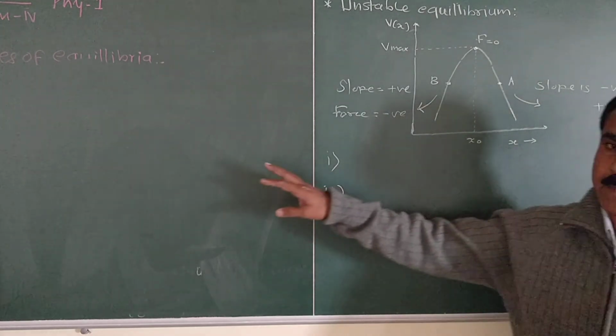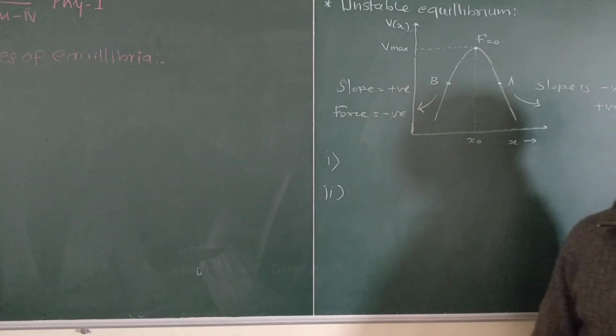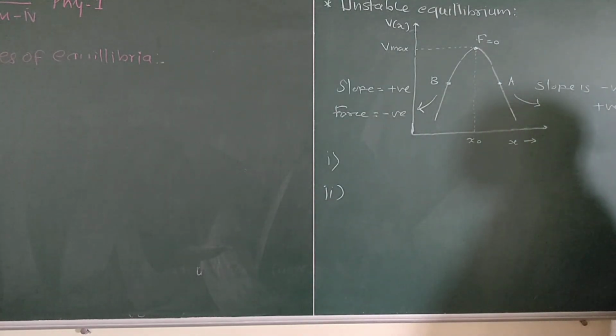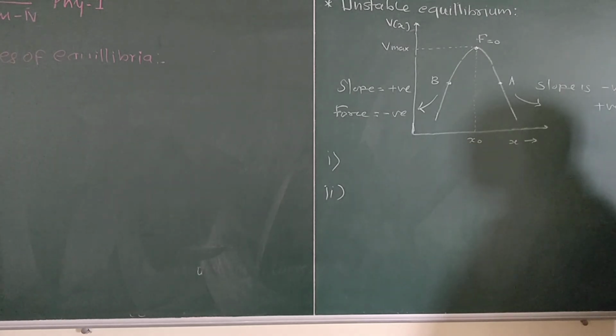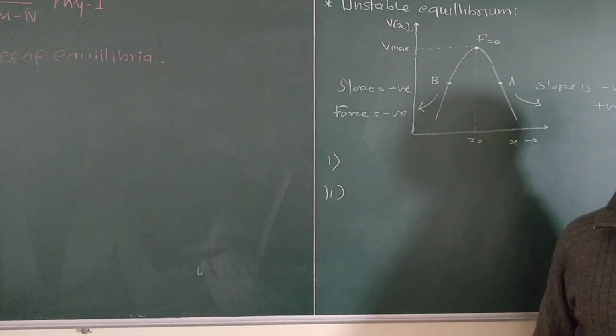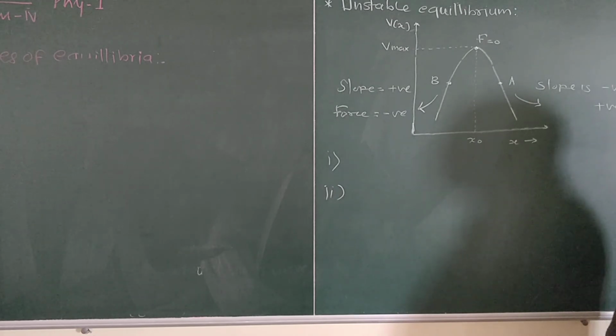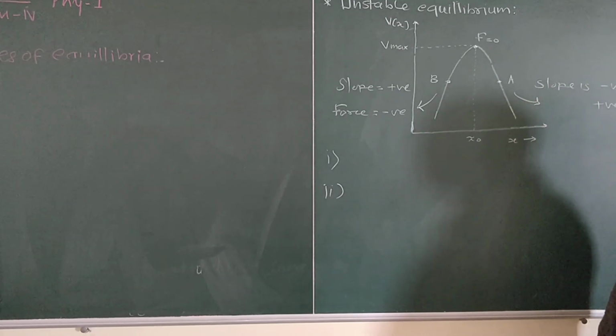And in stable equilibrium, when we apply the force, in both cases the particle moves toward the mean position where the potential is minimum, and this position is called the stable equilibrium.